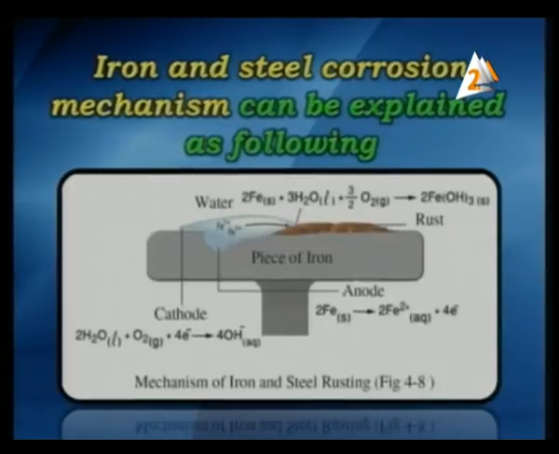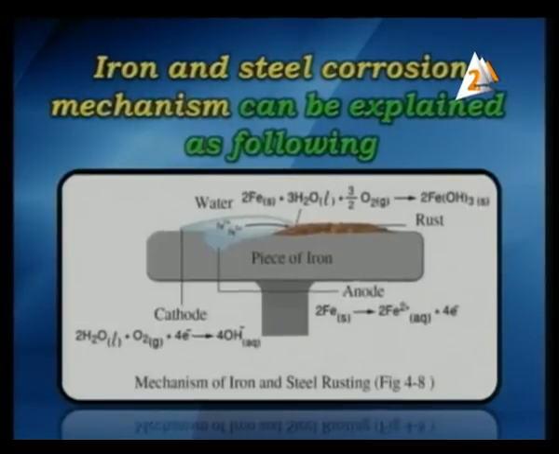So a reaction happens between water and iron: 2Fe in solid state plus 3H2O in liquid state and 3/2 O2 gas. Oxygen is important, water is important to make what? To make rust, Fe(OH)3, in solid state.